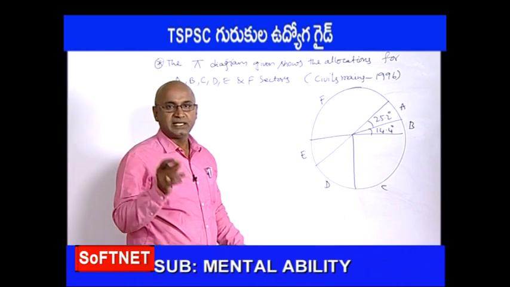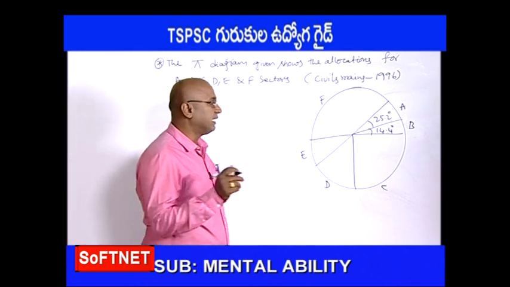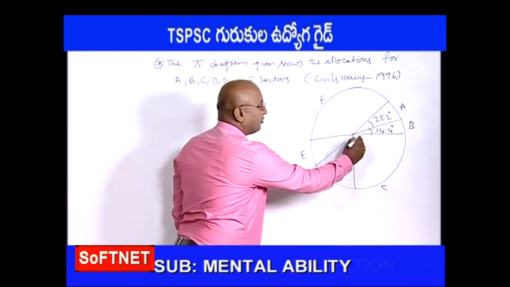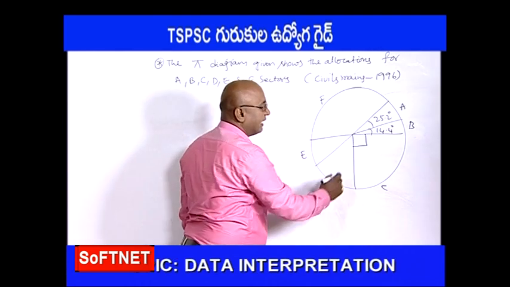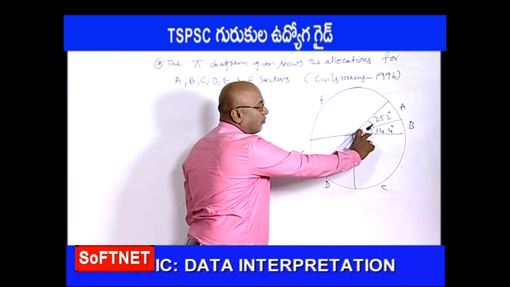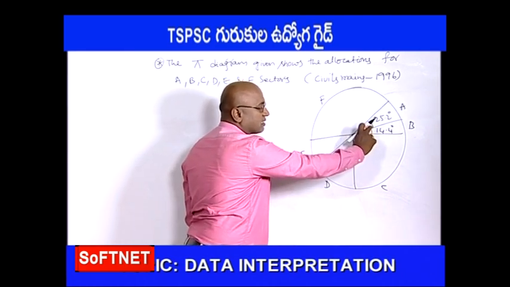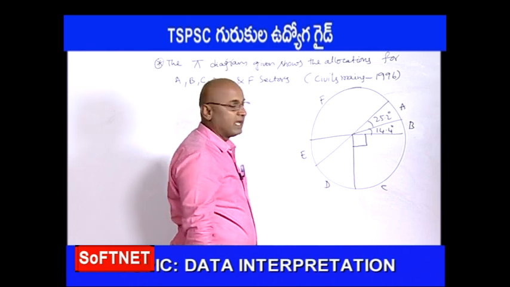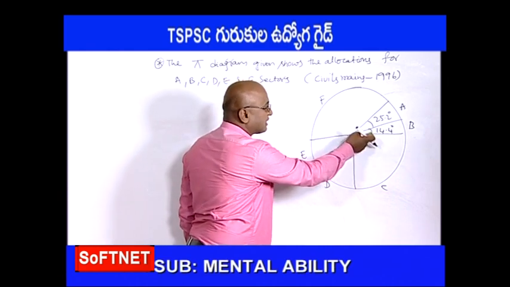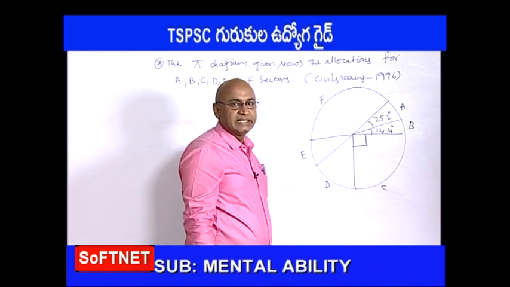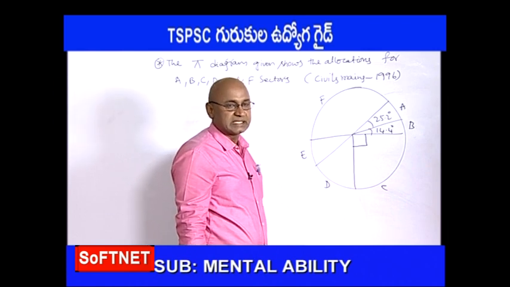And we know that the angle of the total circle is 360 degrees. And the angle in a one-fourth circle is 90 degrees. And the angle in a half circle is 360 degrees by 2, that is equal to 180 degrees.